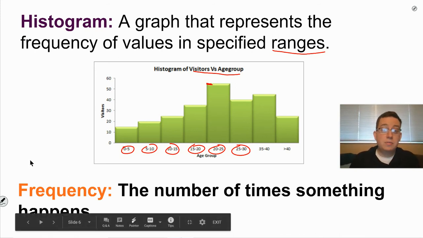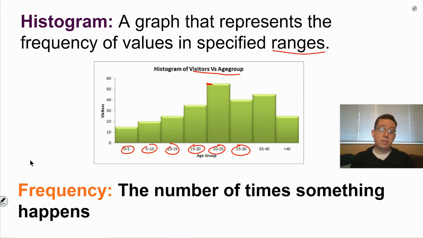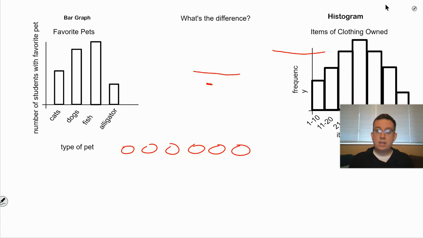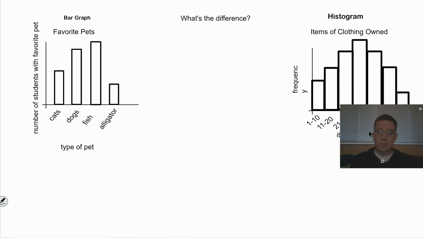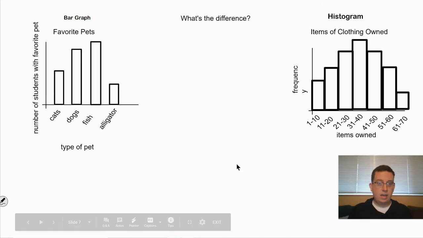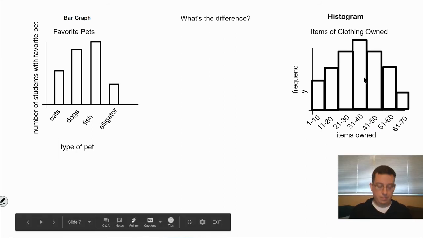Now, before we get into a frequency table, I want to review the differences between a histogram and a bar graph, because they look almost the same, but there are two key differences. If you're not following your book, this is helpful. So let's talk about some key differences. When I'm looking here, I've got a bar graph and a histogram.